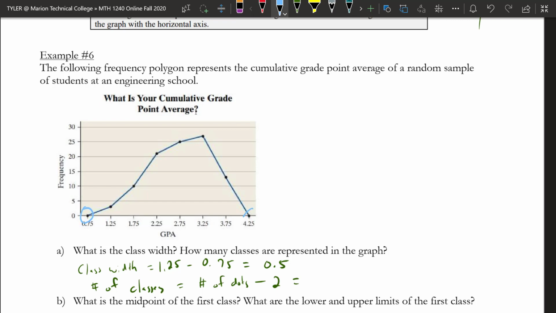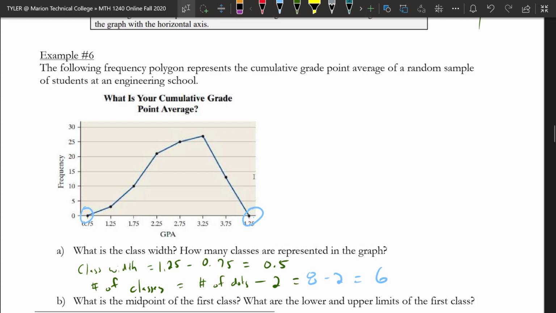We're going to add in this dot and this dot when we draw this diagram in. So if you count, I have 1, 2, 3, 4, 5, 6, 7, 8 dots. So we take 8 minus 2 to get 6. So we have 6 classes, and the class width is 0.5.